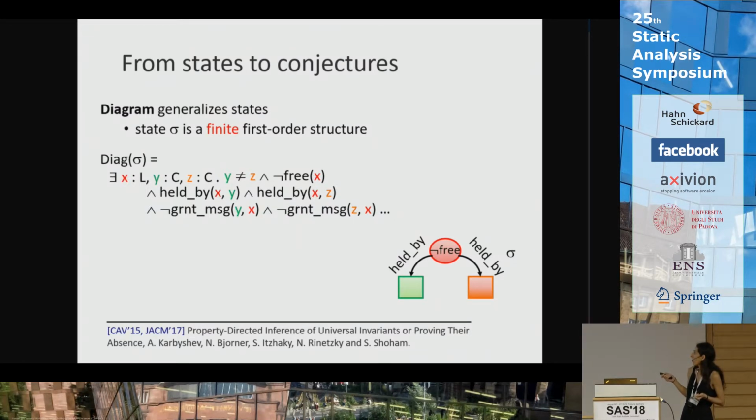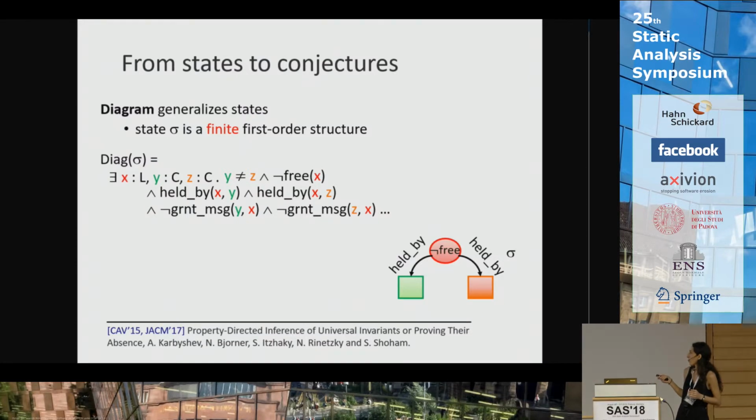So x here is an existentially quantified variable that represents this element, and y and z represent these elements. Then the rest of the formula describes exactly the interpretation of all the relations and constants, if we have them, on these elements.